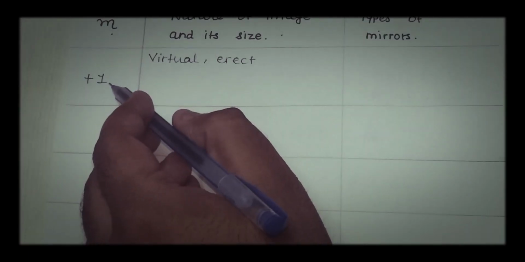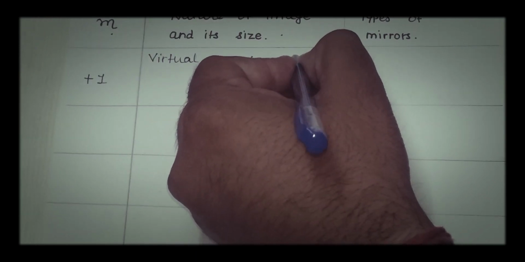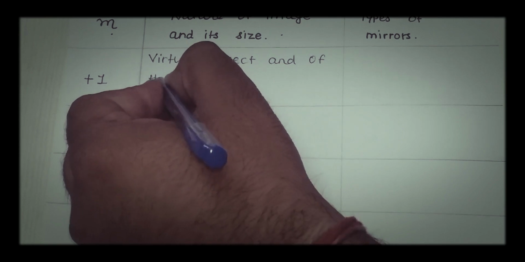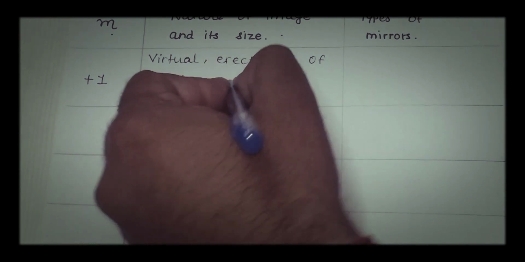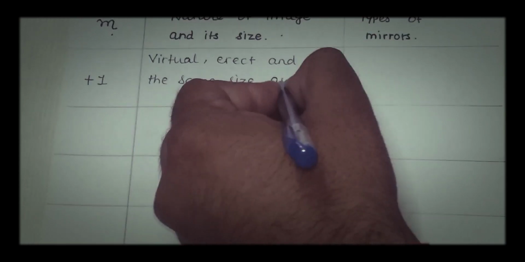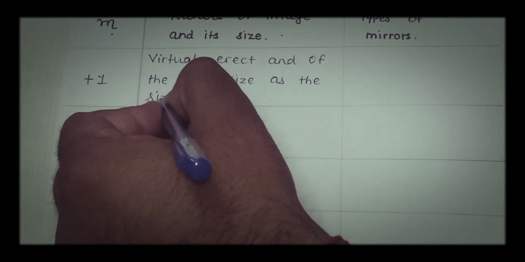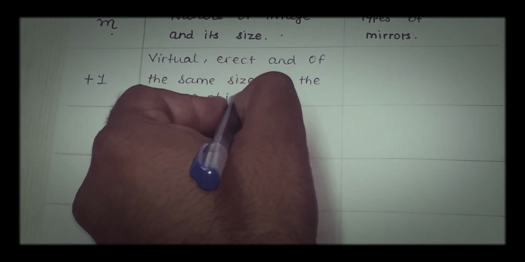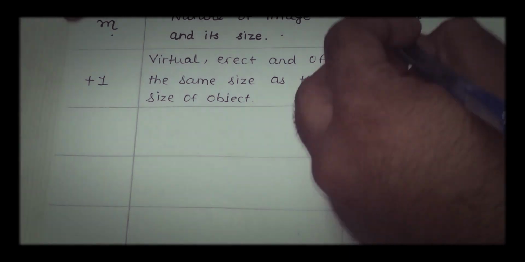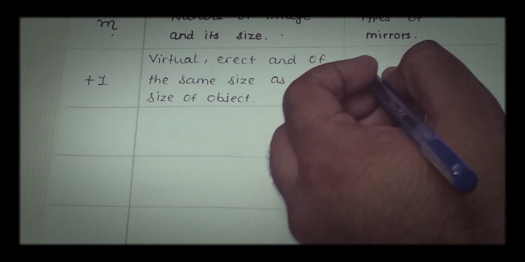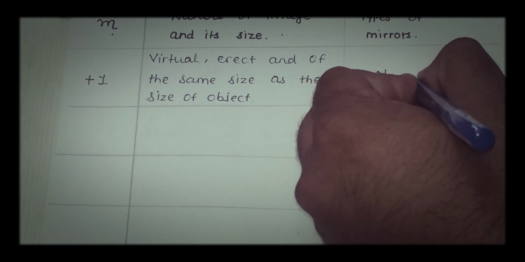It is positive one, it means image height and object height are both the same. So the nature of the image is virtual and erect, and the size is the same as the size of the object.